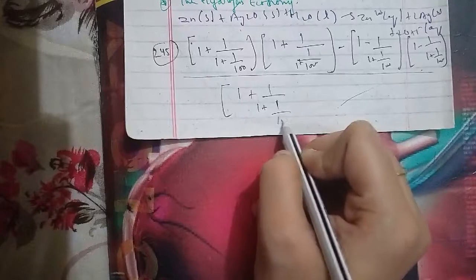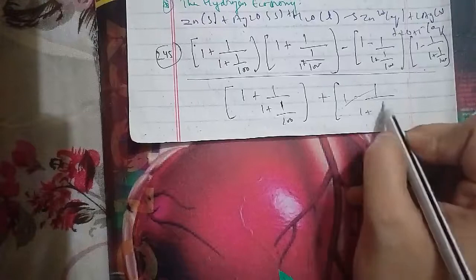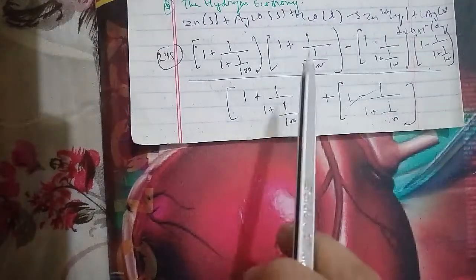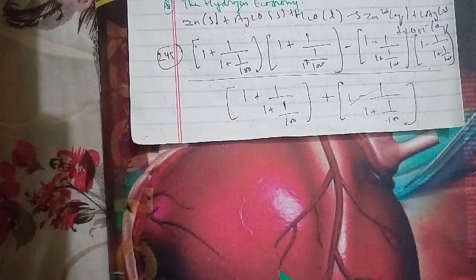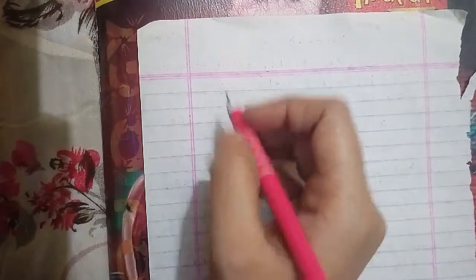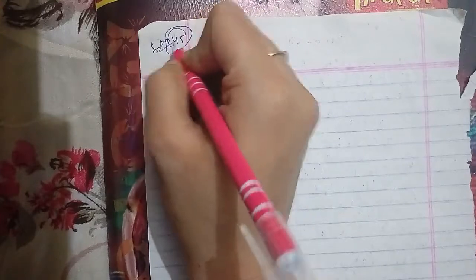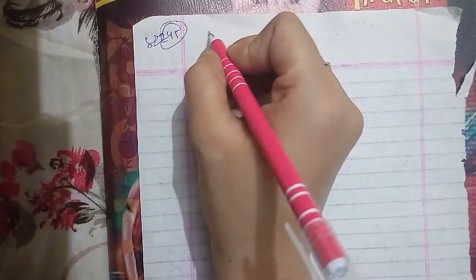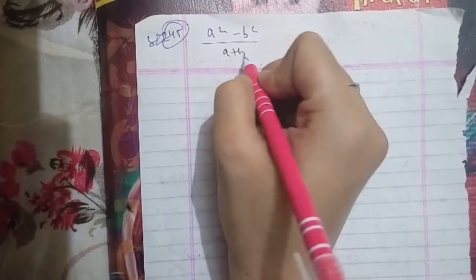The a plus b cancels out, a minus b remains, and here we have 1 plus 1 plus 1 upon 100, minus 1 minus 1 upon 1 plus 1 upon 100 as well, which is equal to 2 into 1 upon 101 multiplied by 100, which is 2 into 100 upon 101, so we have 200 upon 101 as the answer.